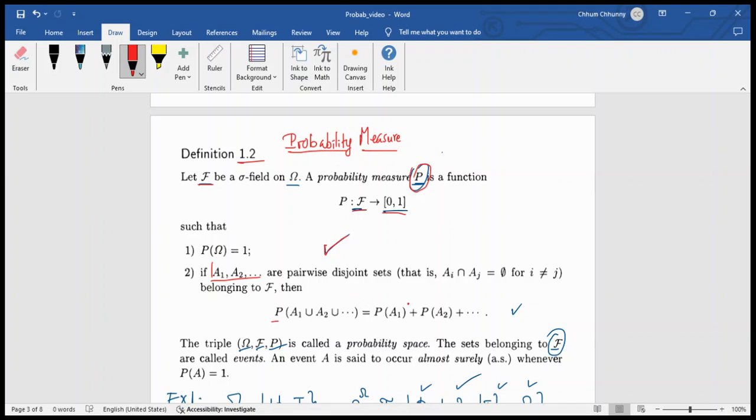This is an important condition, and also difficult to prove sometimes.